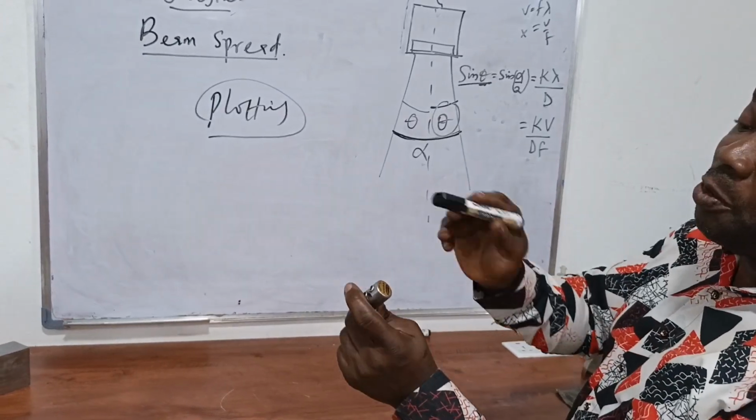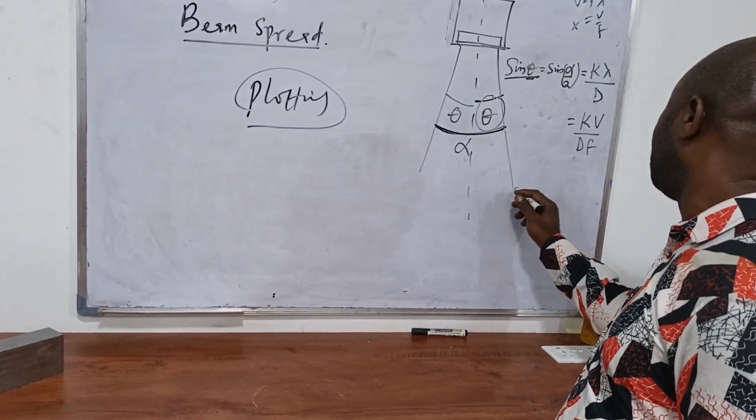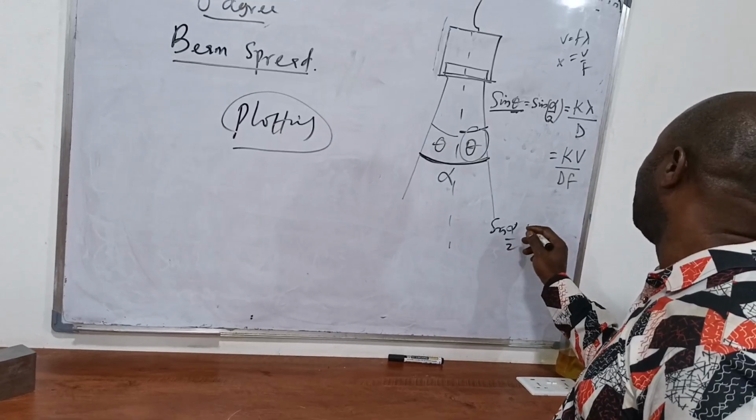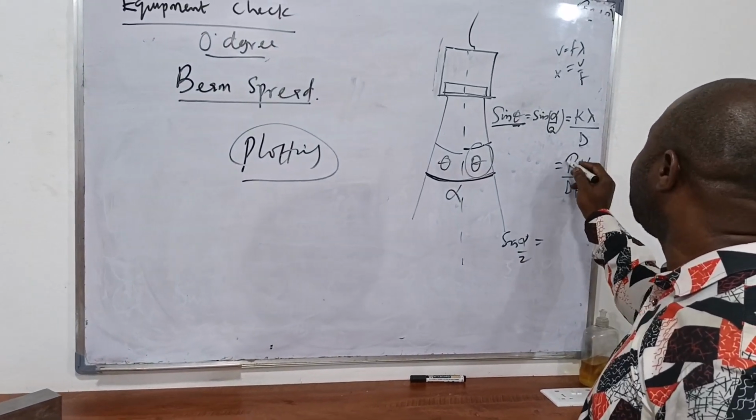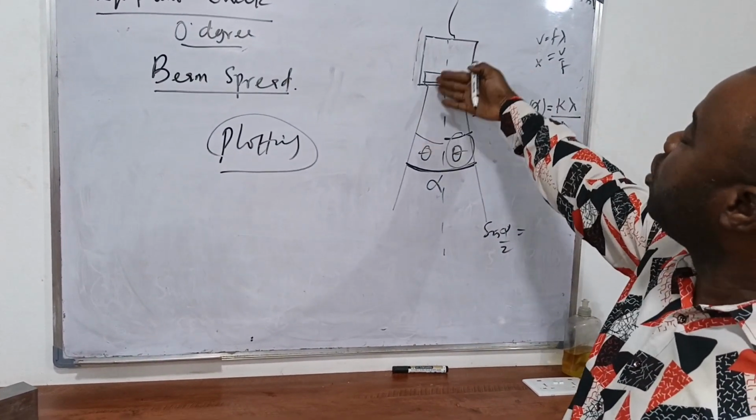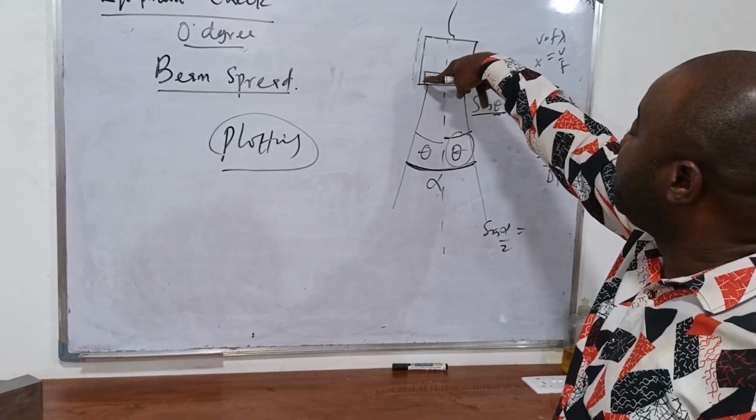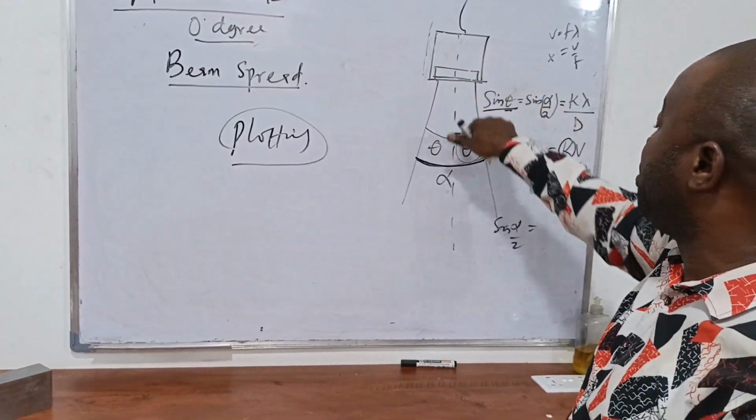So if I want to calculate the beam spread for this probe, it's just a matter of sine of the half angle. In this case, K is a constant, because we are looking at the full beam spread at 100%.